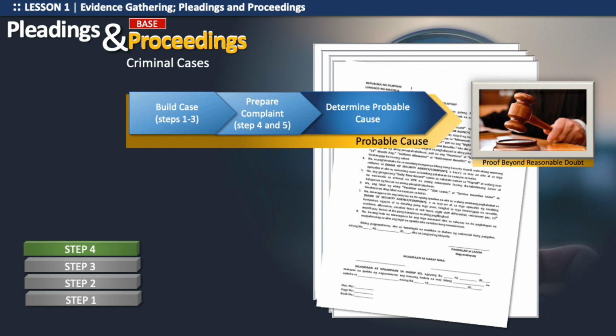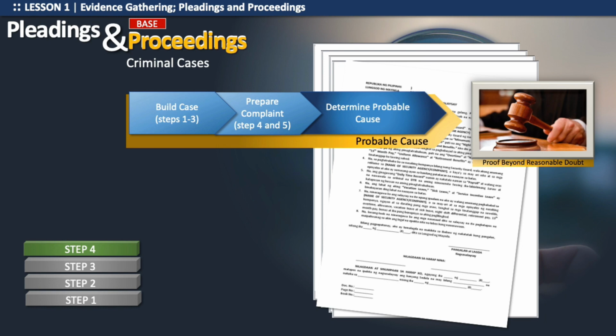So there's an issue there, because when the prosecutor makes the determination of probable cause, many times what he or she has is really all that you submit, which are the pieces of evidence to reach probable cause. So in order to be effective at proving beyond reasonable doubt in court, he would need additional evidence.